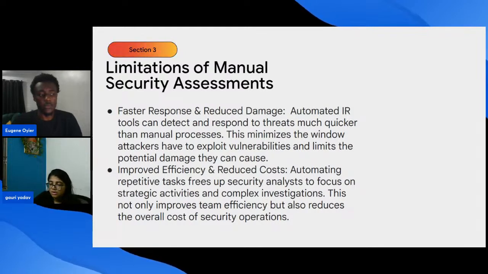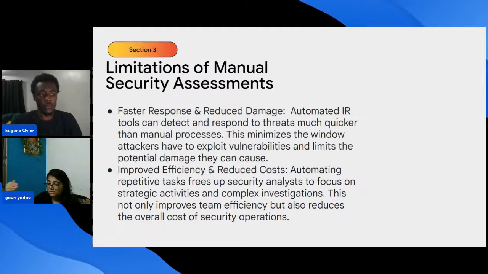So manual security assessments are very time consuming and may not be comprehensive. Challenges: they are resource intensive. They require a significant amount of time and expertise, which can be very costly. Inconsistency: different assessors may produce varying results, leading to potential gaps in security.